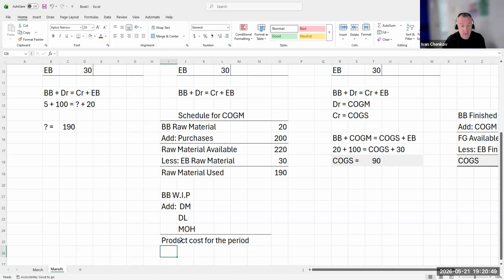Then when we add the beginning balance to the product cost, we're going to have the total product cost available to move forward, the cost to distribute.